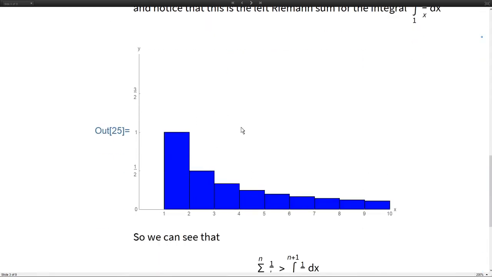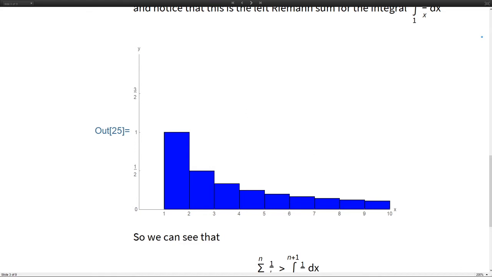All right, so the graph of 1 over x would be here. It passes through all of these left endpoints here, though. So the interesting thing about this graph is it's an overestimate of the integral.